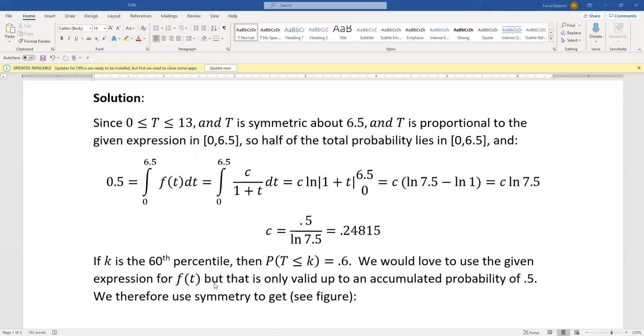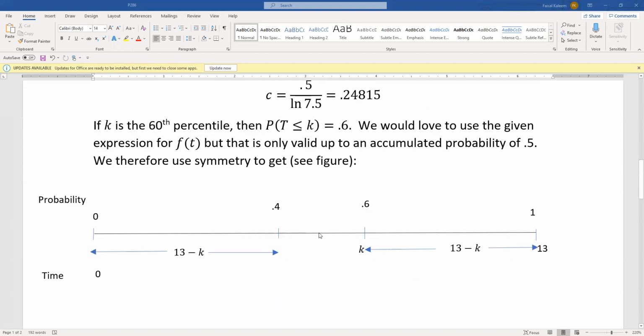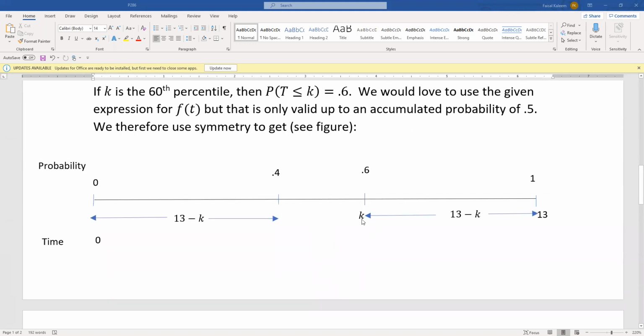To get around this issue, we again use the symmetry of the situation. K is the 60th percentile, so the time K happens at cumulative probability 0.6. The total time is 0 to 13.